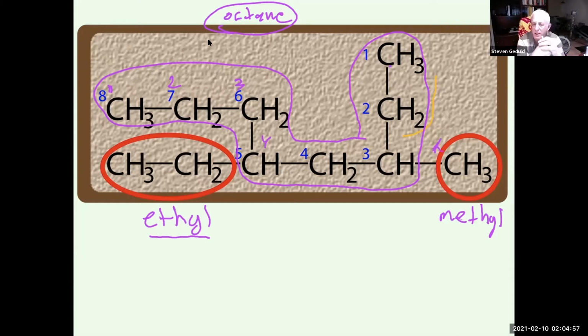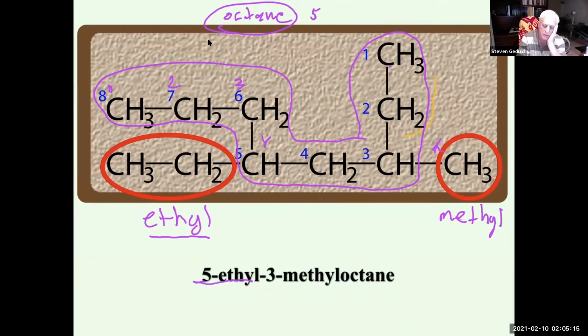So we start from the right side. Those are our numbers in blue. The ethyl group is named first because it's alphabetical. So it's 5-ethyl, then 3-methyl, then octane.